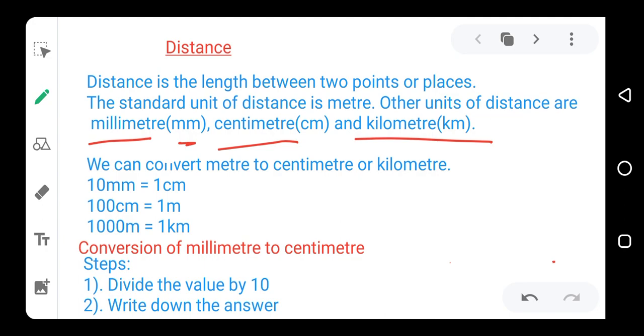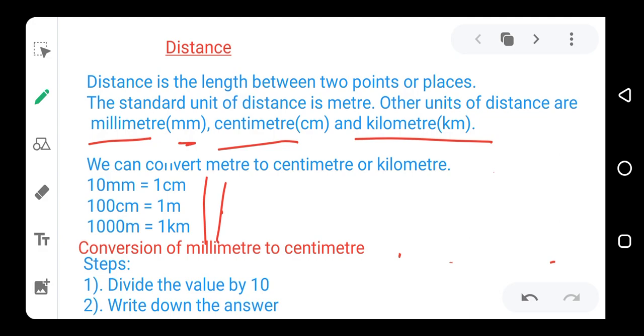You already know this conversion, that 10 millimeters make 1 centimeter, and 100 centimeters make 1 meter, and 1000 meters make 1 kilometer. I hope you already know this. Now we can use this to convert to any one we want.